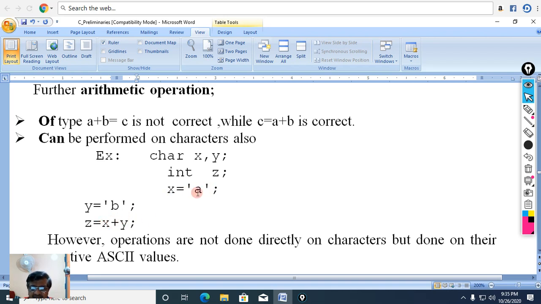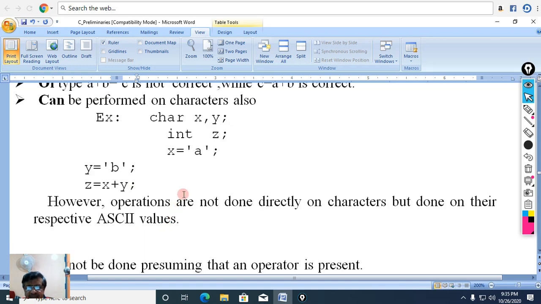So the ASCII value of small a, that is 95, and b 96. So what you get for z is 95 plus 96, because z is declared as an integer. If you declare z as a character, the appropriate character will be formed.